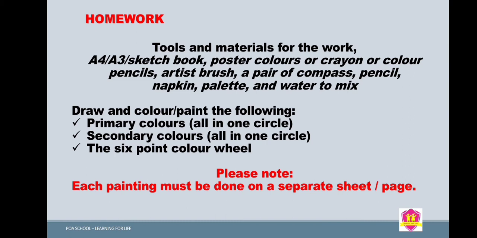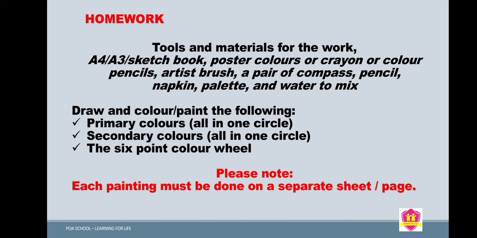So now let's come to the work itself. You are to draw and color or paint the following. 1. Primary colors, all in one circle. Your secondary colors, all in one circle. And finally, the 6-point color wheel. The 6-point color wheel is a combination of your secondary colors and your primary colors, all in one circle.